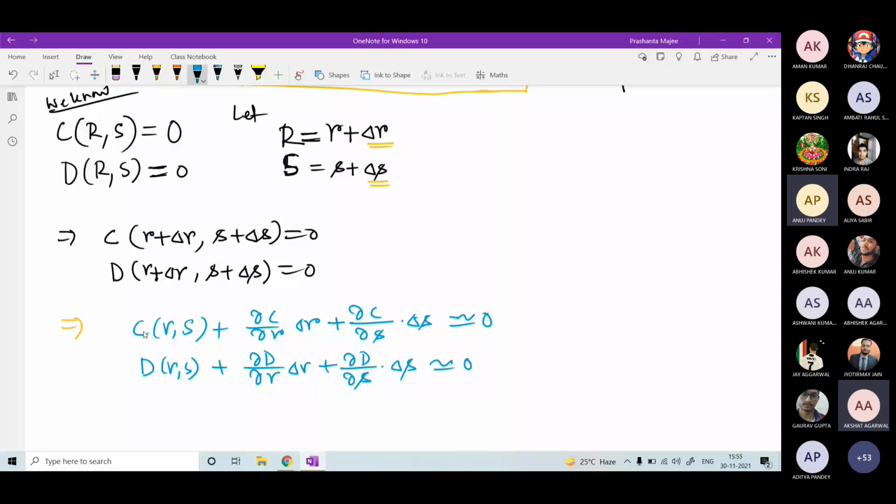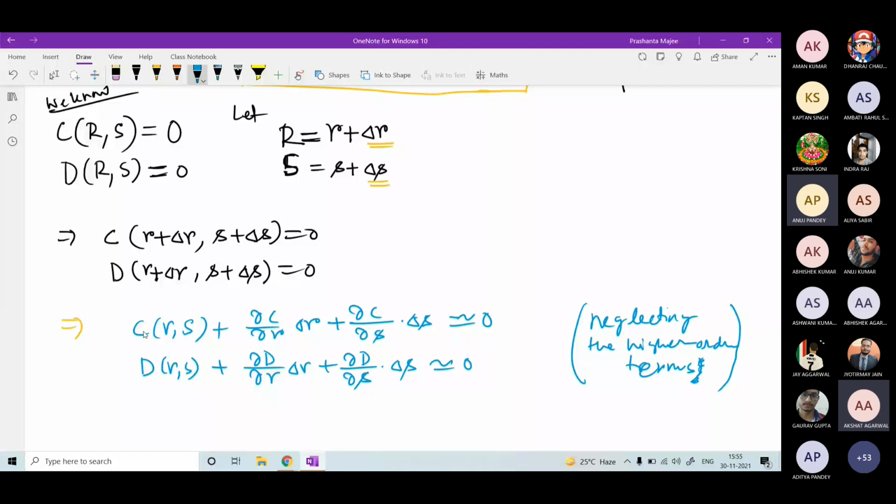Now it is not exactly equal to 0 because you have neglected the higher order terms, so you are not getting the true values of delta R and delta S. You will get some approximated values of delta R and delta S. That is why R plus delta R and S plus delta S are not going to give you the exact factor.